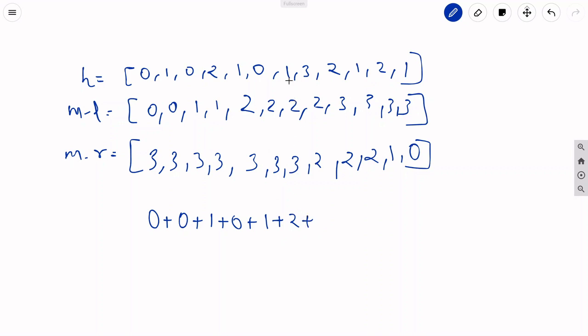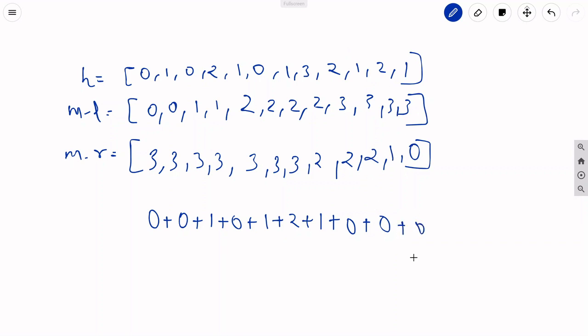Then 3 comma 2 is 2, 2 minus 1 is 1, 2 comma 2 is 2, and the lower limit is 3. So no possibility of water filling over here. 3 comma 2, the minimum is 2, and 2 minus 2 is 0.